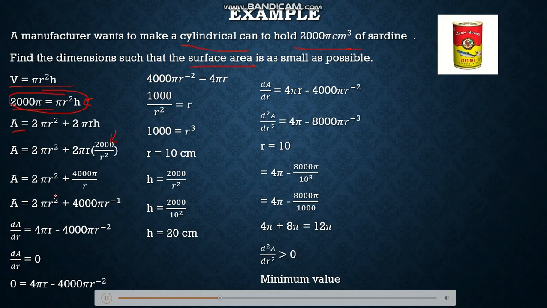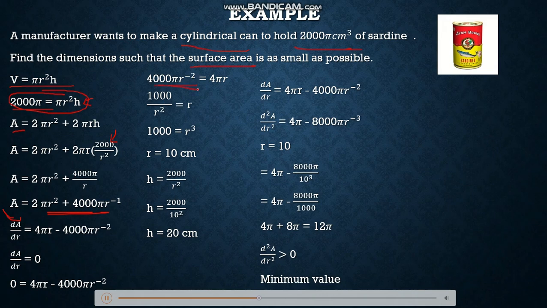A is 2 pi r square plus 4000 pi r to the power of -1. We differentiate this equation: dA over dr is equal to 4 pi r minus 4000 pi r to the power of -2. dA over dr is equal to 0, so 0 is equal to 4 pi r minus 4000 pi r to the power of -2.